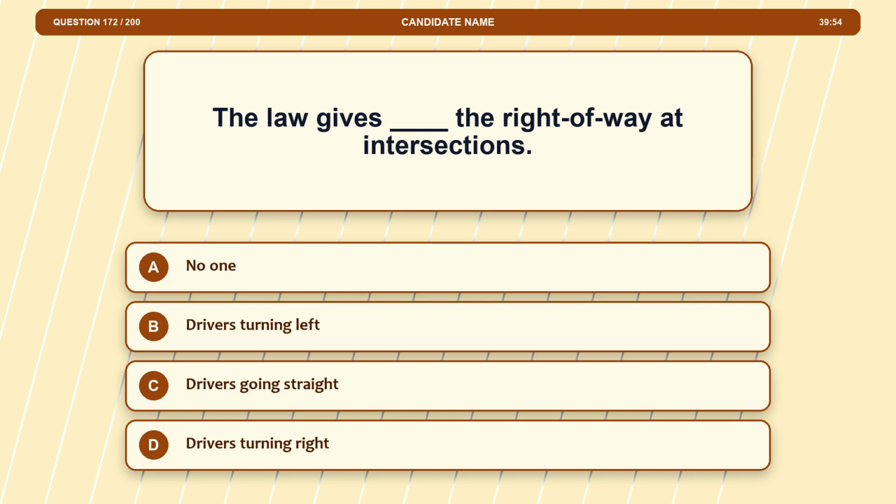Question 172. The law gives blank the right of way at intersections. Option A, no one. Option B, drivers turning left. Option C, drivers going straight. Option D, drivers turning right.